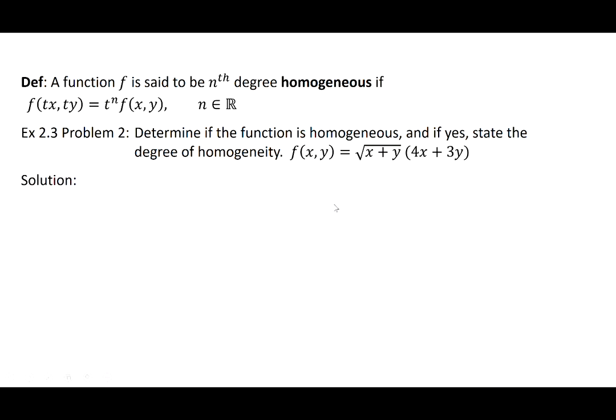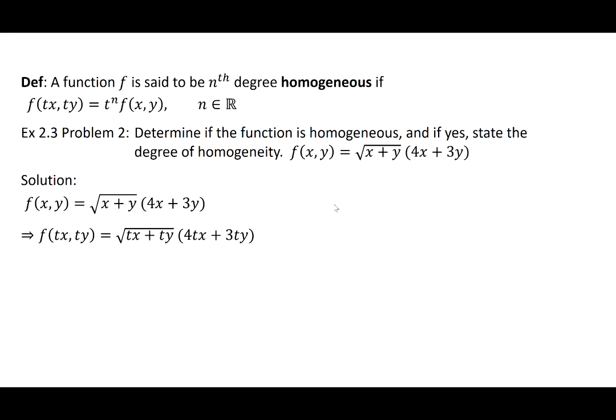That's the key. Cool? So f of x y equals square root of x plus y times 4x plus 3y, and f of tx comma ty, just as promised, replaces x with tx and y with ty. And so we have 4tx plus 3ty times square root of tx plus ty. Now let's see.